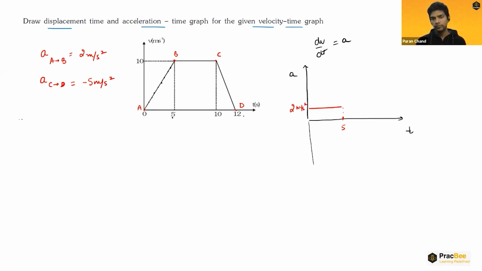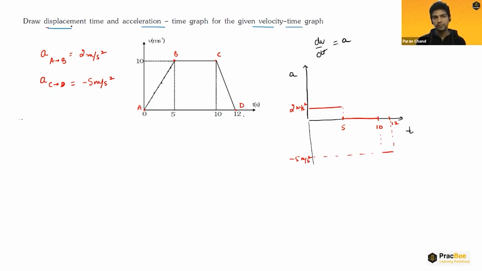Now from 5 to 10, what is the acceleration? So it will be constant with the time axis. Okay. Now from 10 to 12, what is the acceleration? Minus 5, right? So your graph will be down below time axis somewhere, right? And this point will be minus 5 meters per second square. Clear? Now this is your acceleration time graph.